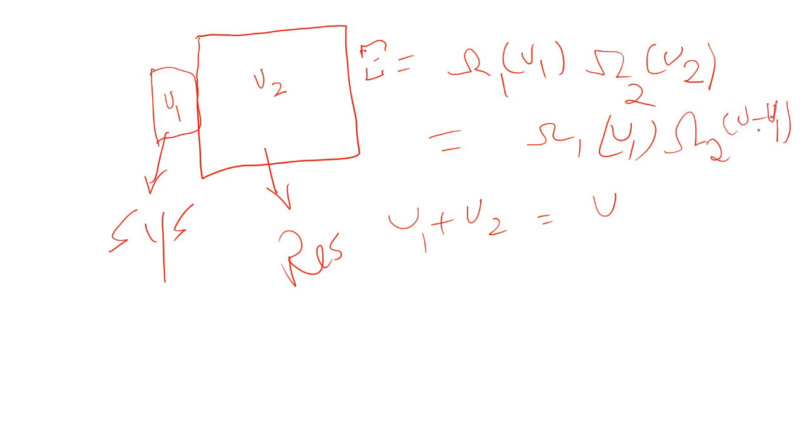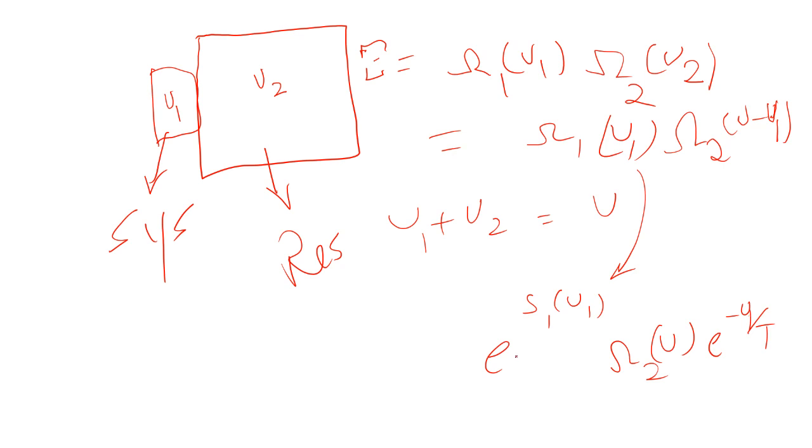Now remember how we did this, we wrote this as e raised to S of U1, and you Taylor expand this, it becomes omega 2 of U e raised to minus U1 into something like this.